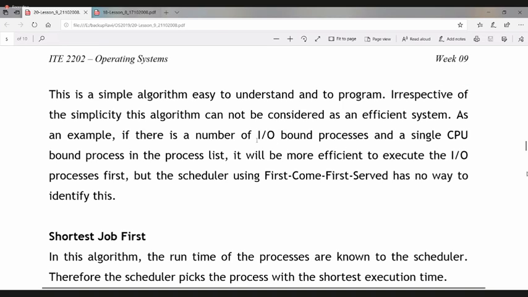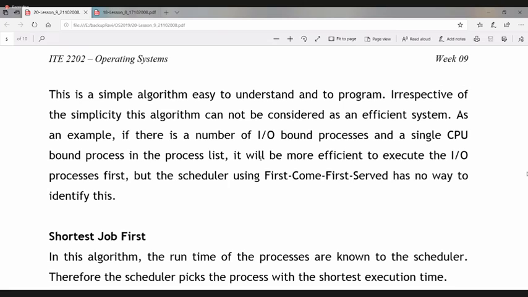Why? As an example, if there are a number of IO bound processes and a single CPU bound process in the process list, let's say you have 100 processes, only one CPU bound and all the others IO bound, it will be more efficient to execute the IO processes first.